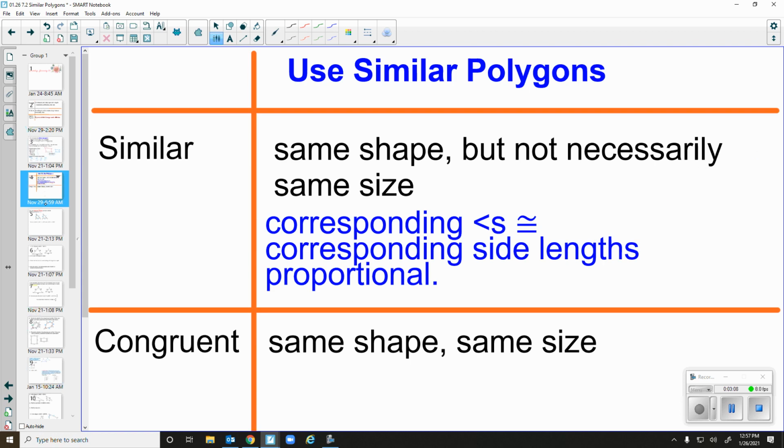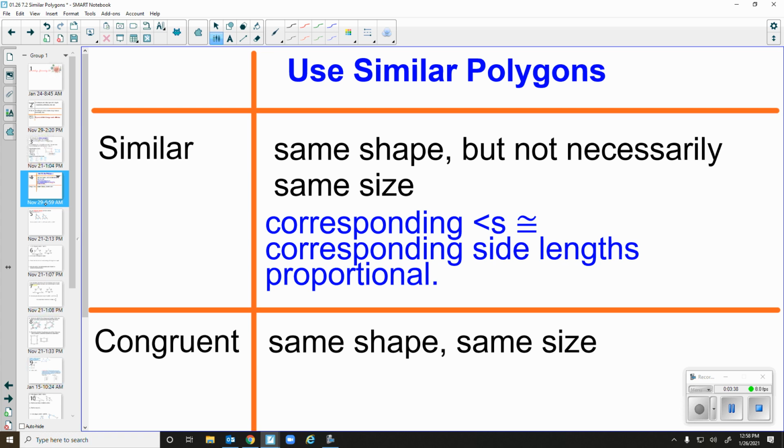Once again, similar polygons means that they have the same shape but not necessarily the same size. Congruent means they have the same shape and the same size. So something to think about with always, sometimes, never. Congruent is also similar. Anything that is congruent is also considered similar because it follows the same shape and it just happens to also be the same size.